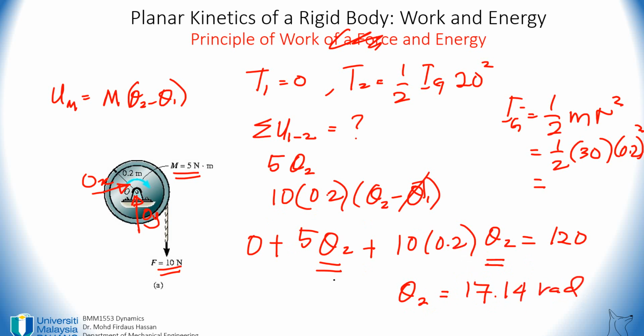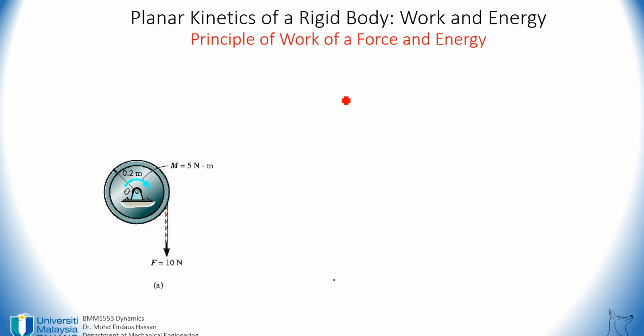But this is in radians, and the question asks you to find the revolutions. We know that 2 pi radian is equal to 1 revolution.